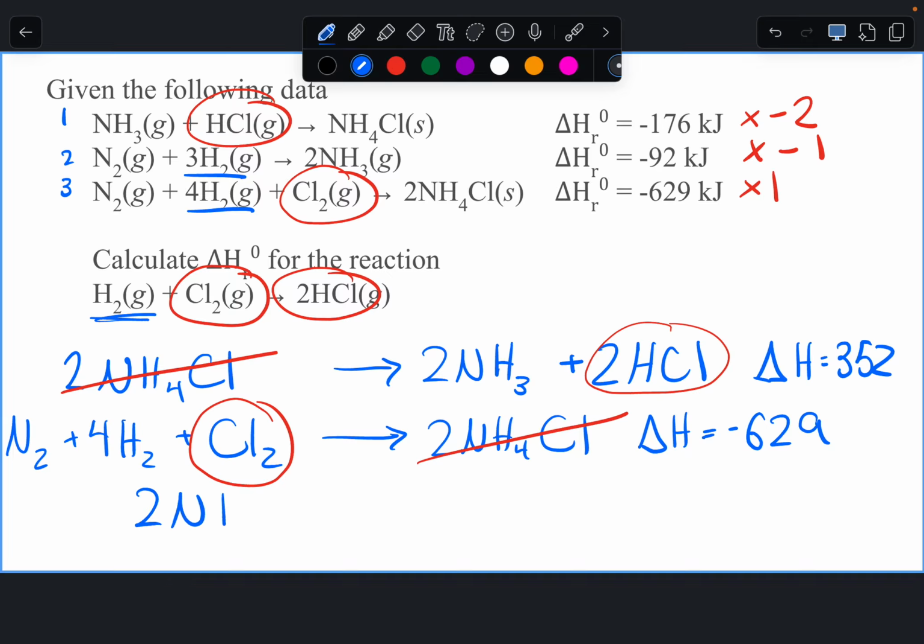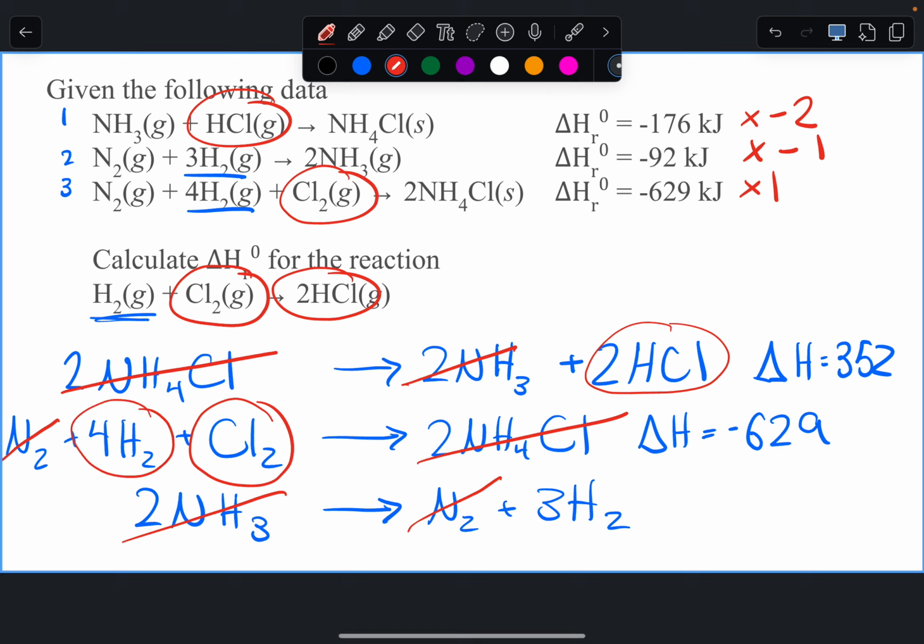So 2 NH3 forming N2 and 3 H2. So now the NH3s cancel, the N2s cancel, and hopefully you can see 4 H2 and 3 H2.